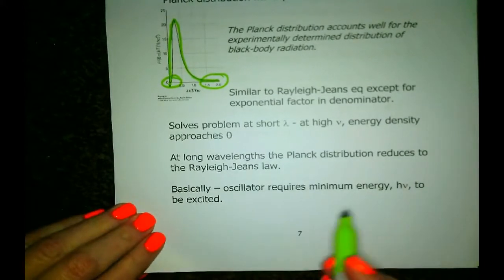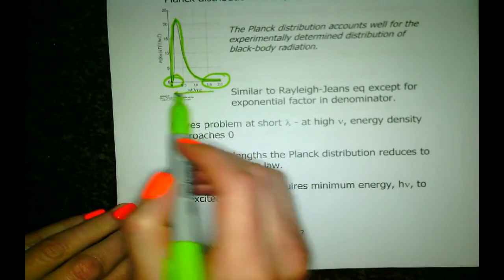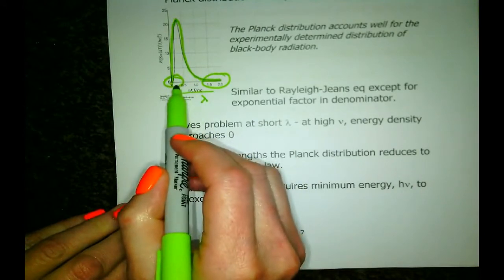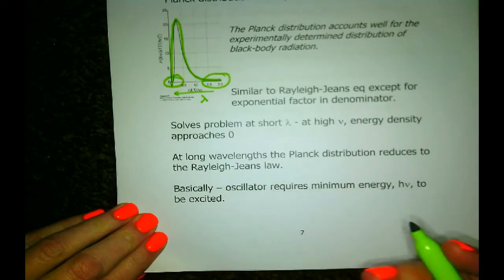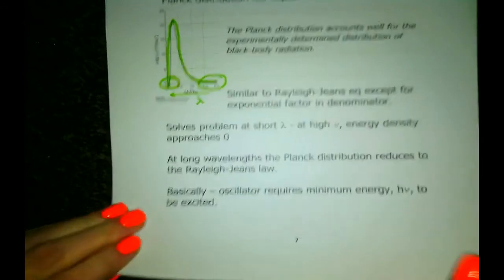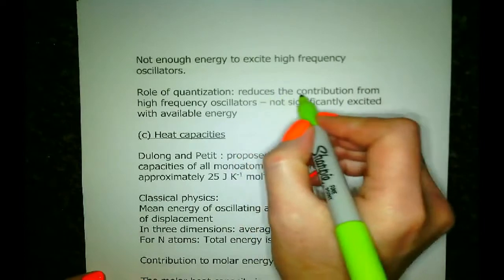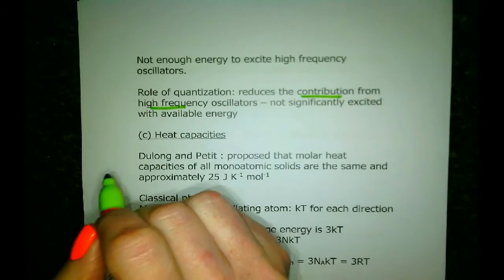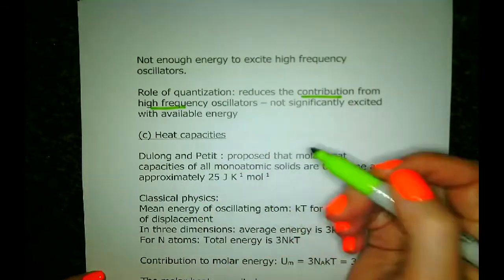And effectively what it does is these high energy oscillators, remember we said energy, because this is wavelength, so these are the high energy oscillators, need so much energy to be excited that even at very high temperatures they're not excited. That's why it goes back to 0. So the role of quantization then basically reduces the contribution from these high frequency or high energy oscillators. So they're not significantly excited at all, even if the temperature is fairly high.